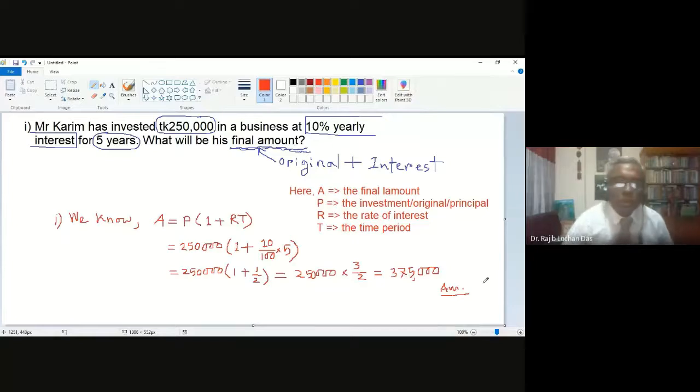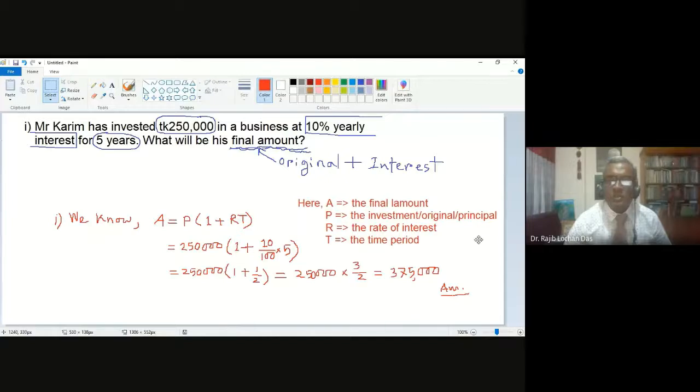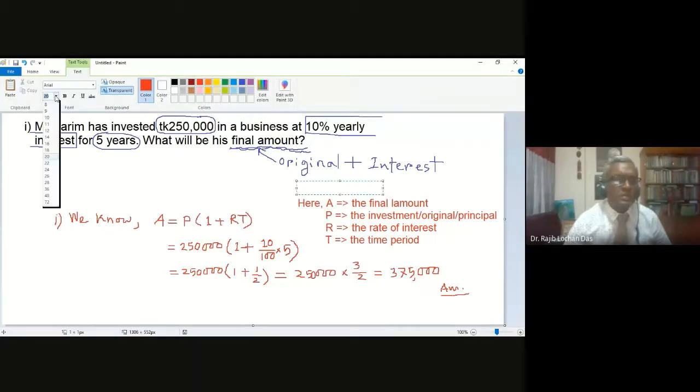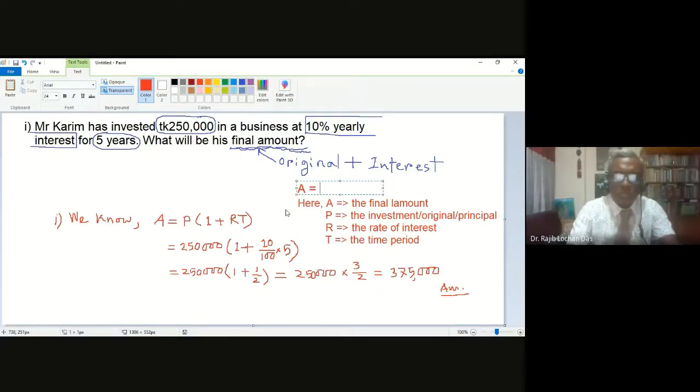So the formula is very important here. The formula is about the percentage calculation, interest in business, interest in banking. Every time you will use the same formula. In banking, there is a little more different thing, but I'm not telling it to you today.